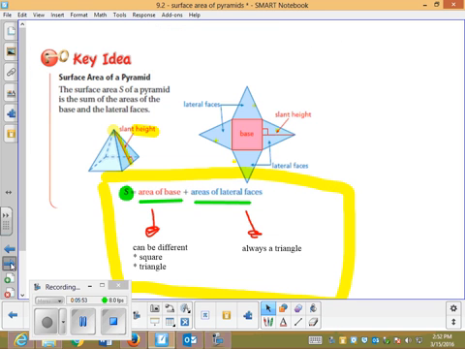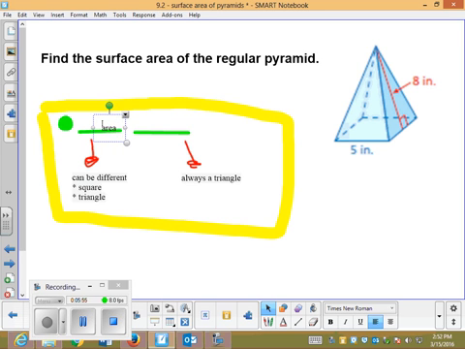Let me write that in. Area of face plus area of what, everybody? Area of base. Let me change that to base. Okay, so make sure you remember how we're using this formula. They're going to be combined, meaning add.